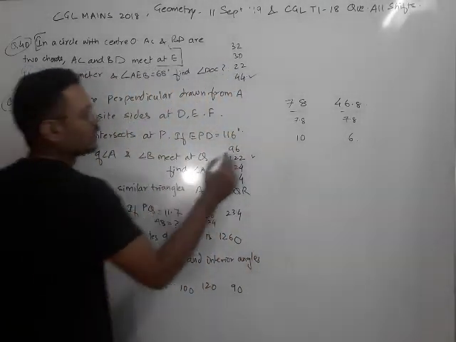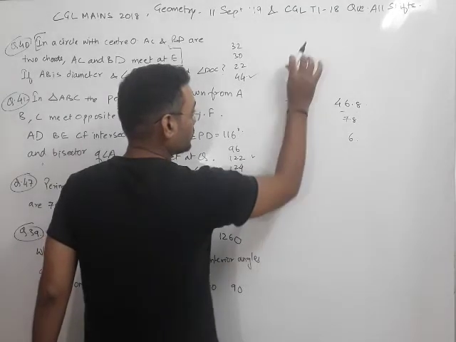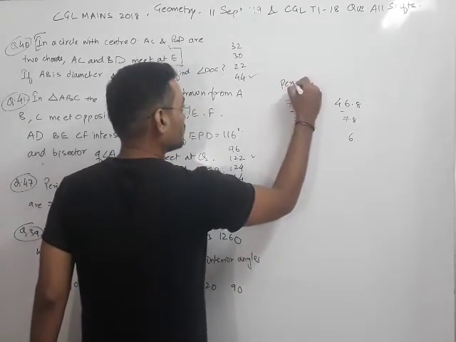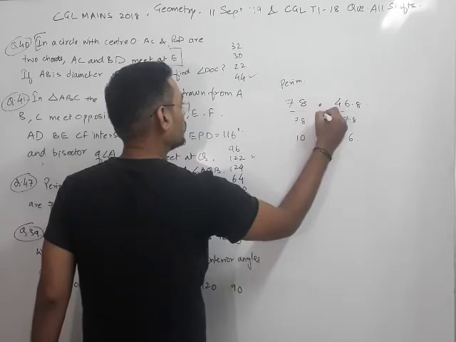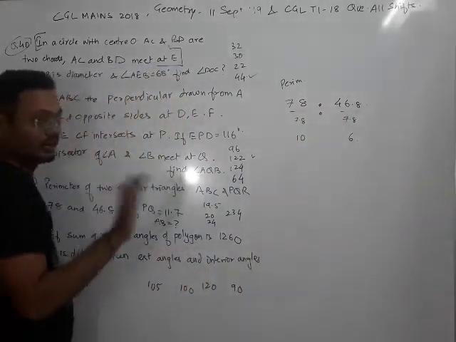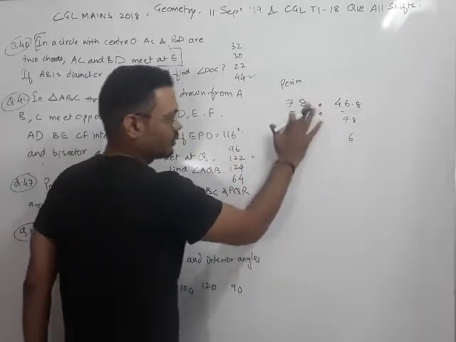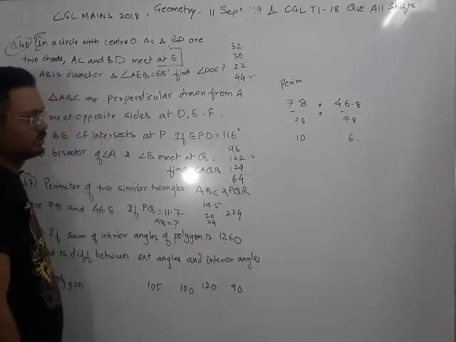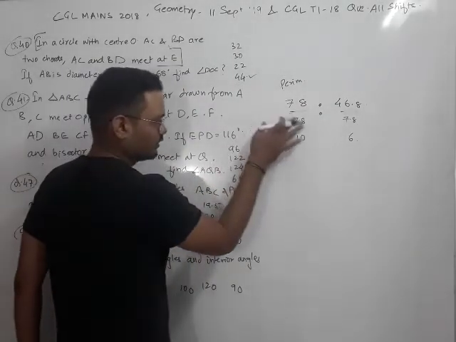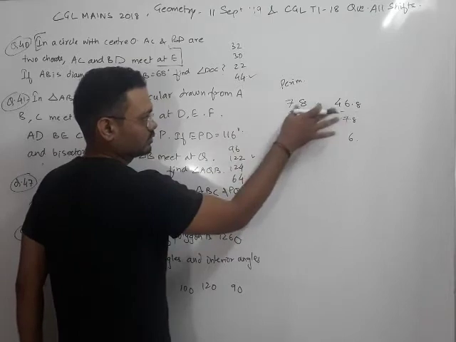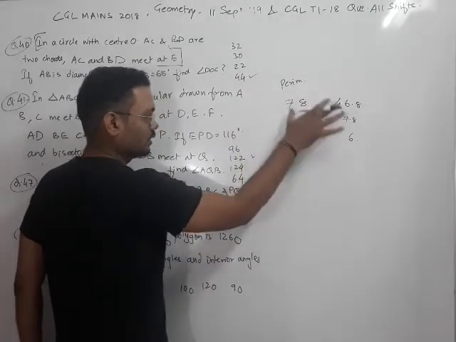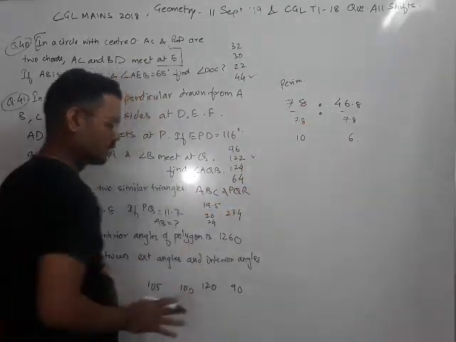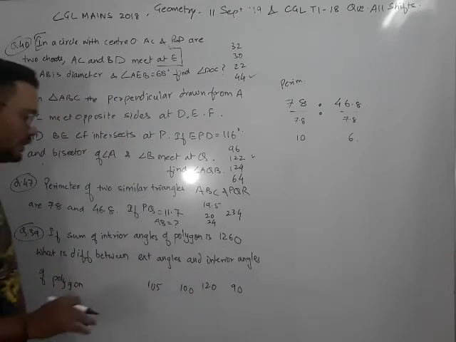These are the perimeters of two similar triangles that are given. I have put it in this ratio. Whenever you see something like this given, we will find the ratio like this.